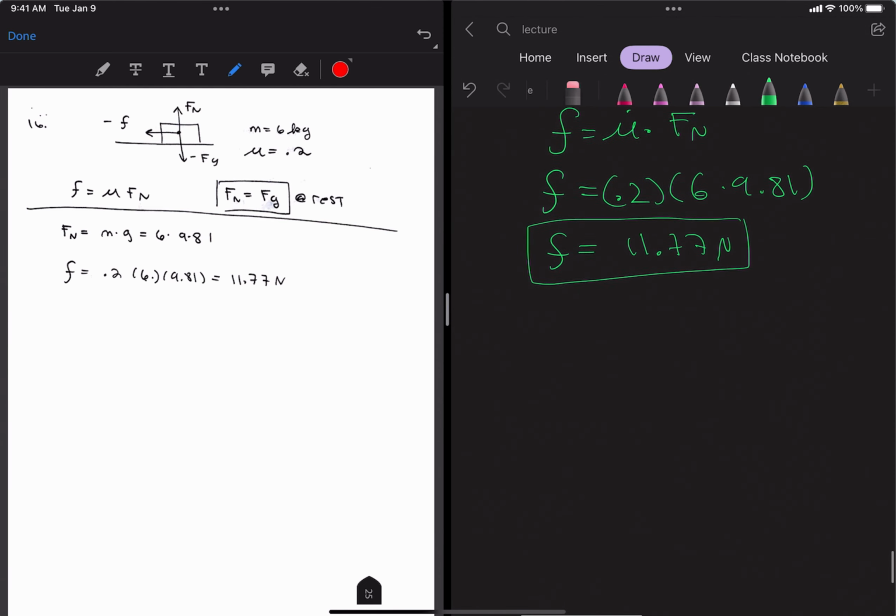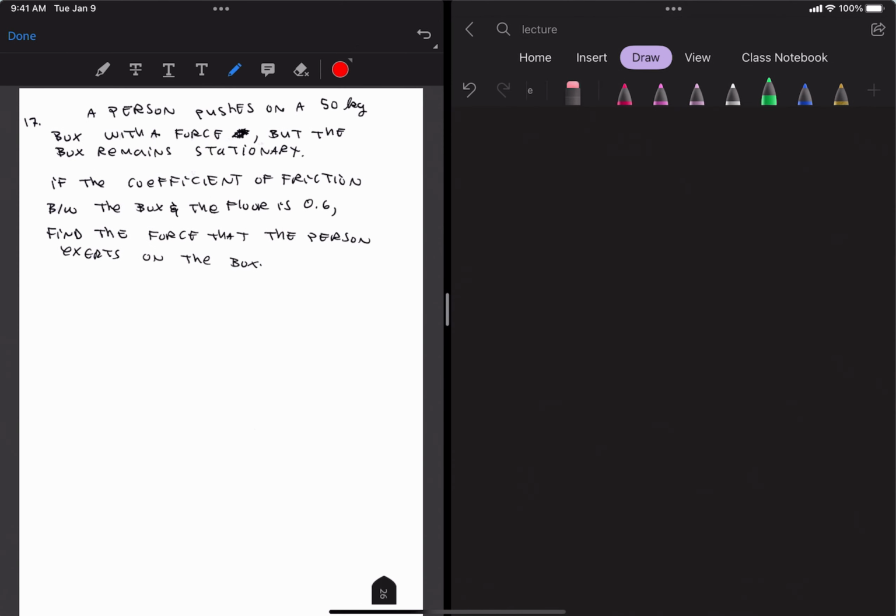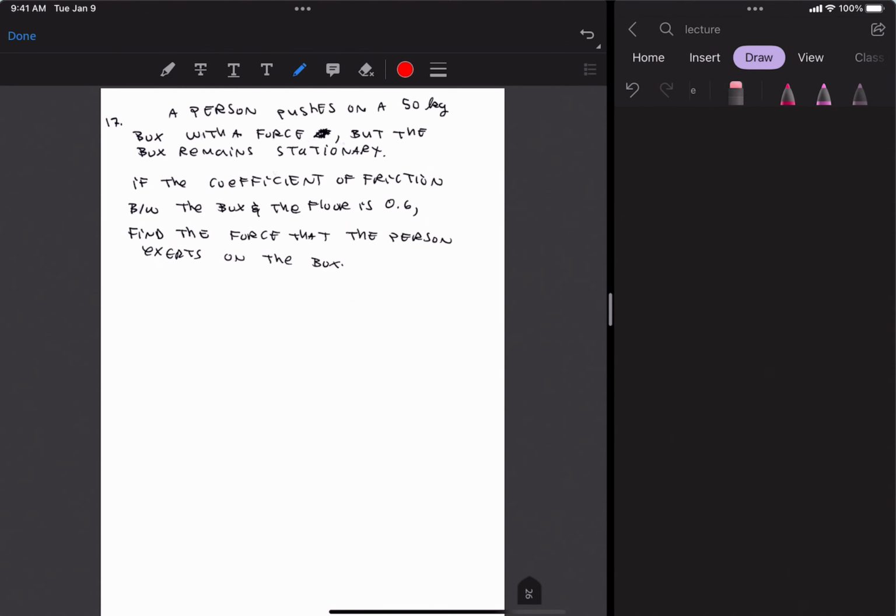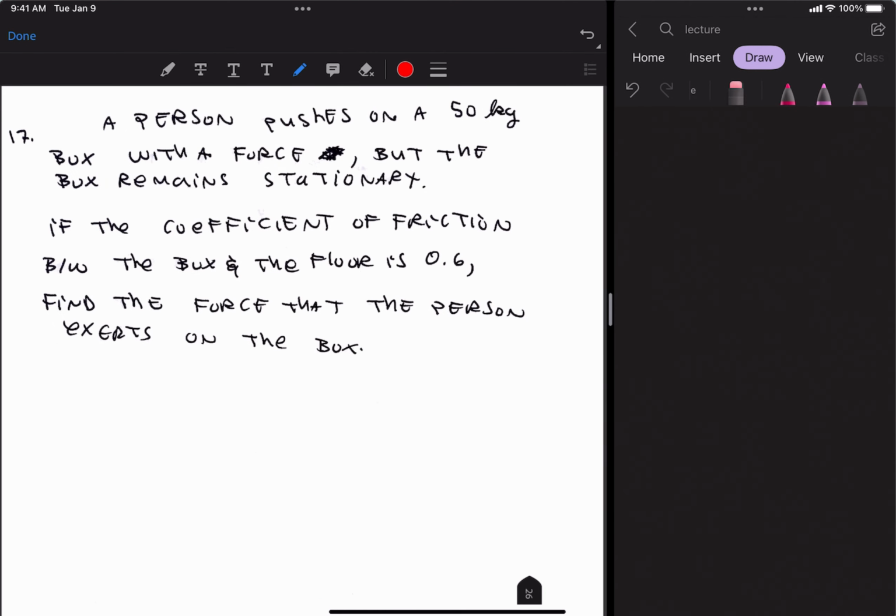All right. So let's try to solve this one. It says a person pushes on a 50 kilogram box with a force, but the box remains stationary. If the coefficient of friction between the box and the floor is 0.6 newtons, find the force that the person exerts on the box.